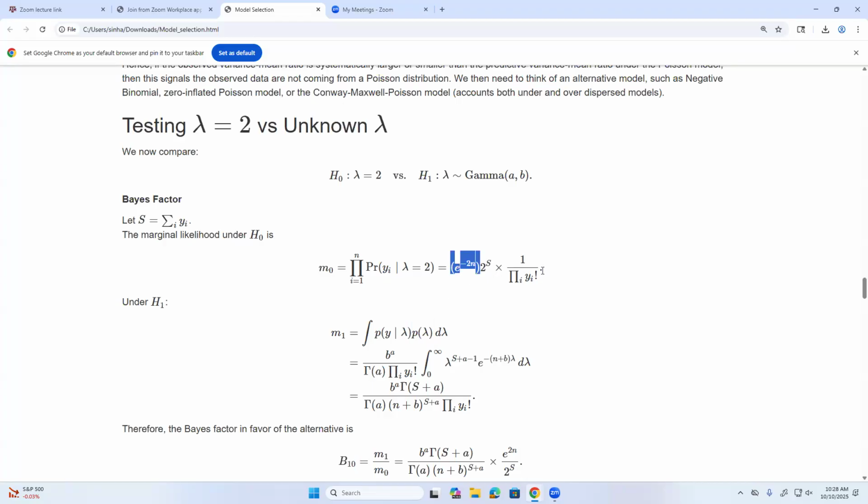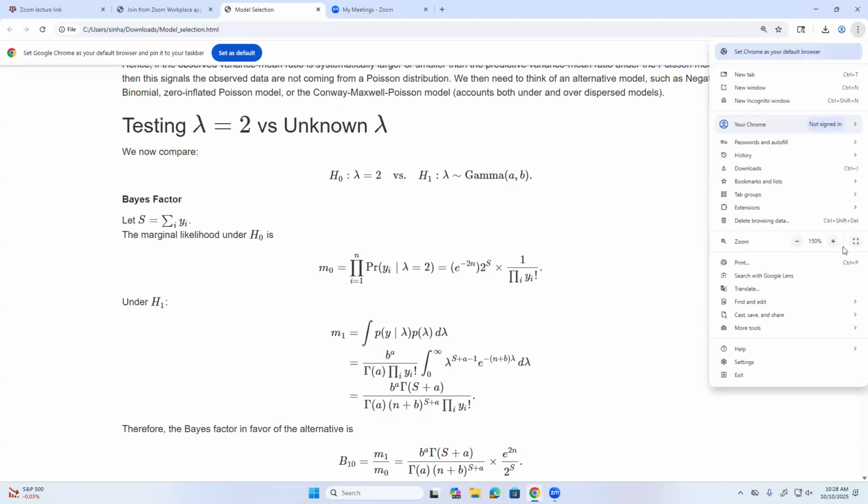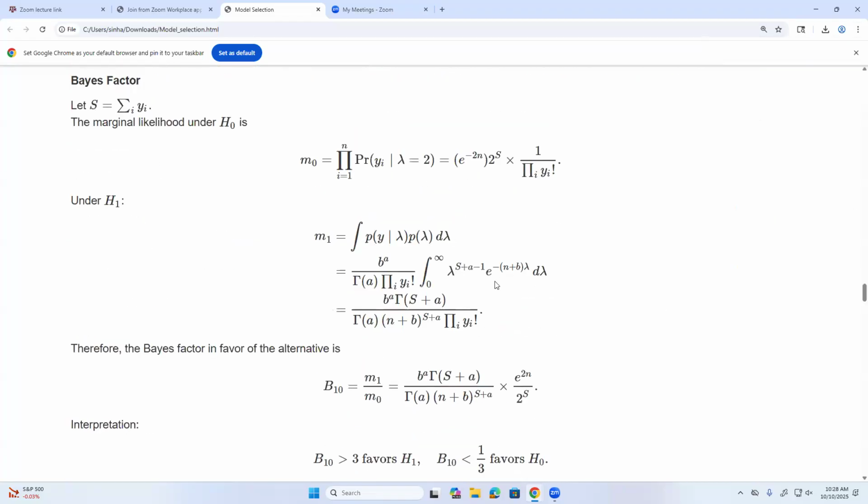So we write down this expression, replacing 2 by lambda, and then we put gamma distribution. So putting that and doing the gamma integration, this is what we do, gamma integration. We get the following expression.